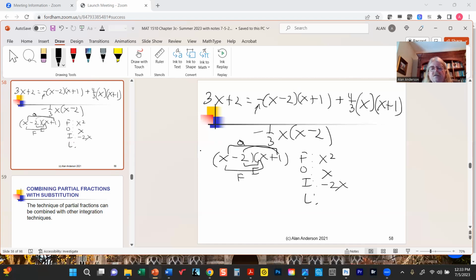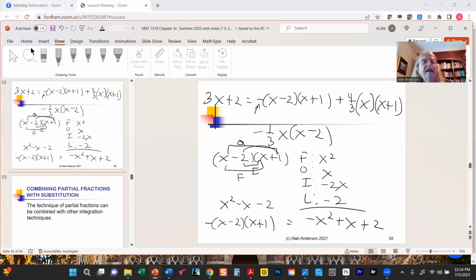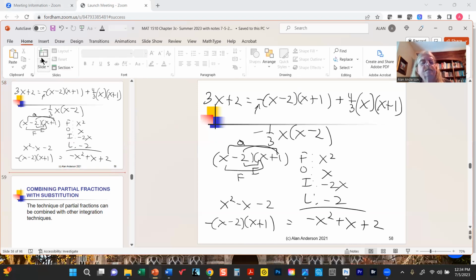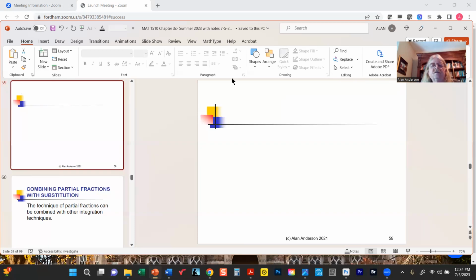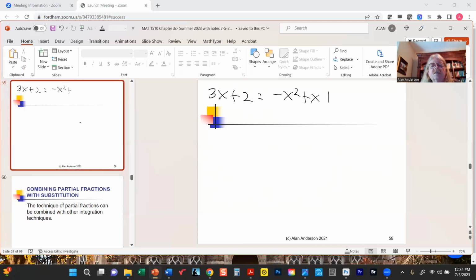And then last would be these two, minus 2. So without the negative sign, it's x squared minus x minus 2. With the negative sign, this becomes negative x squared plus x plus 2. All right, so recapping this, we have 3x plus 2 equals, again, negative x squared plus x plus 2.